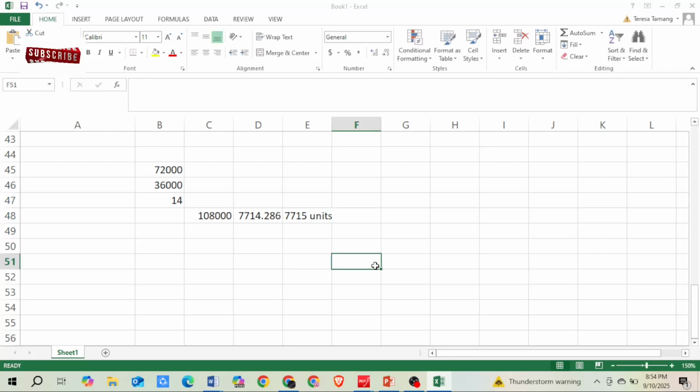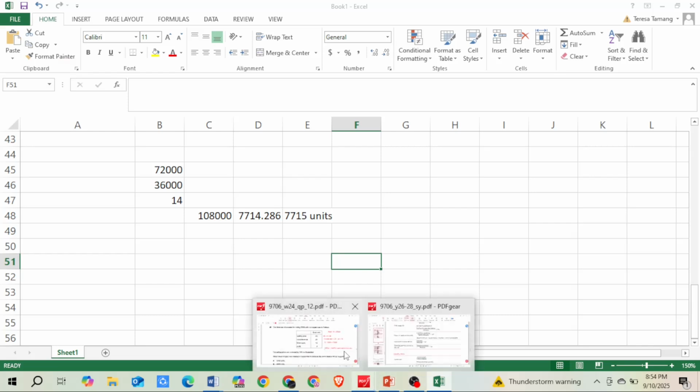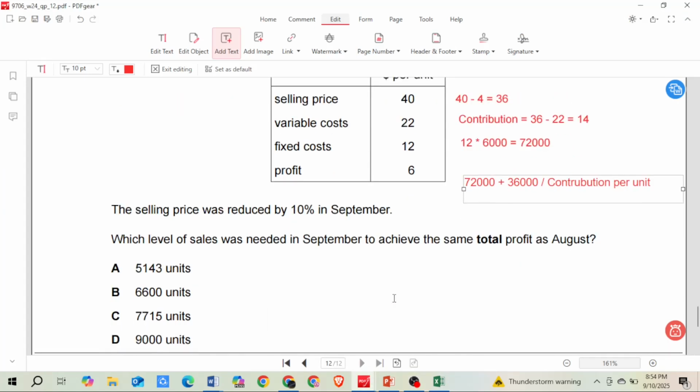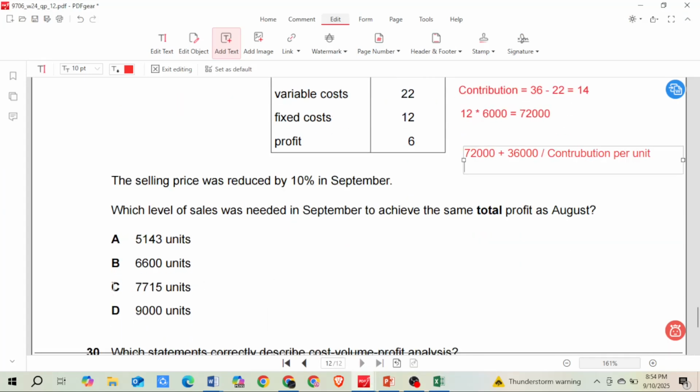So to make this much profit after the selling price changes, this many units we have to make and sell. And 7715 units means option C is your right answer.